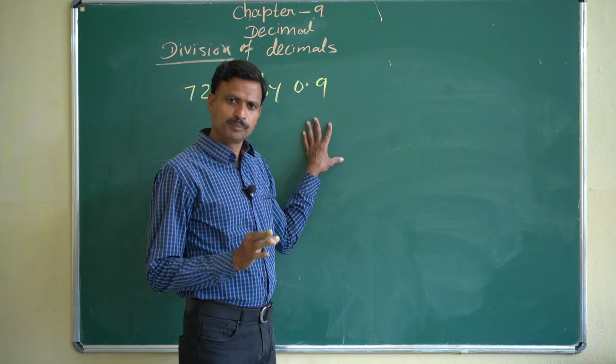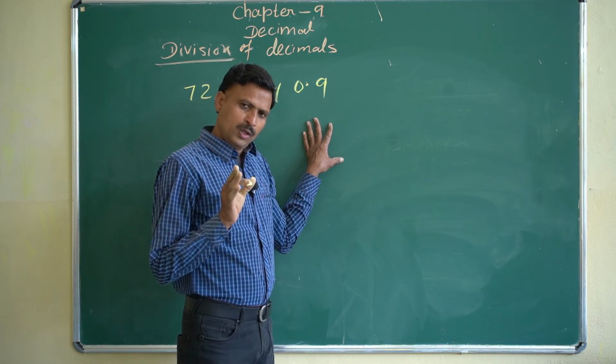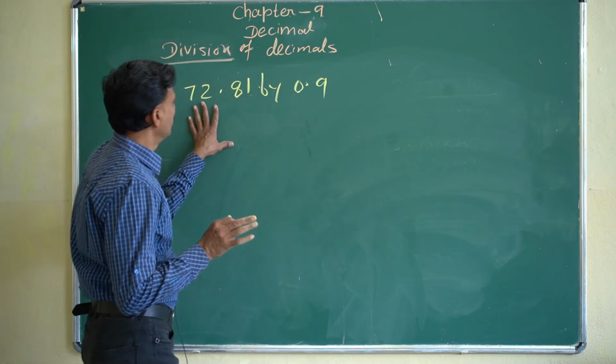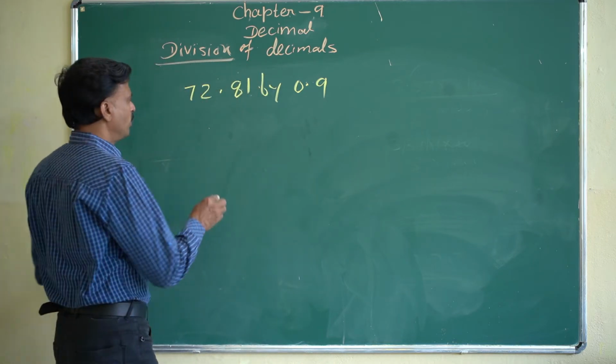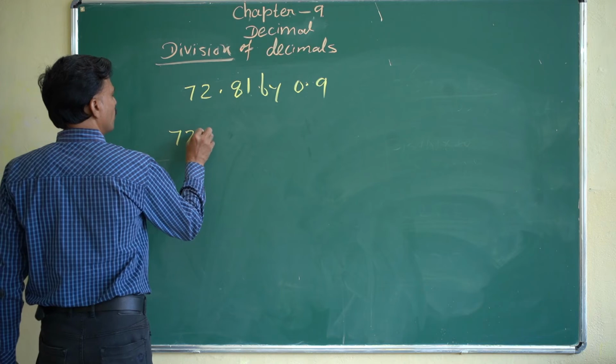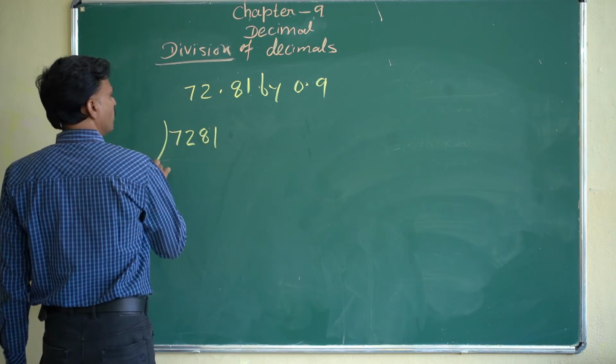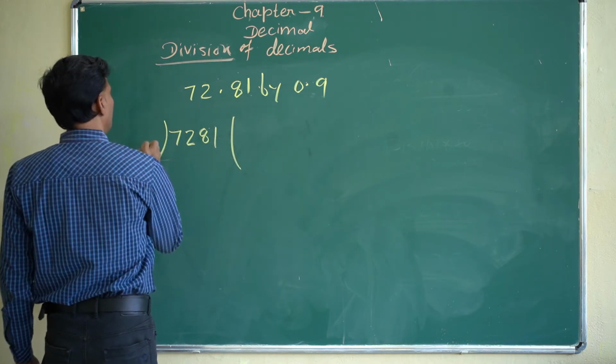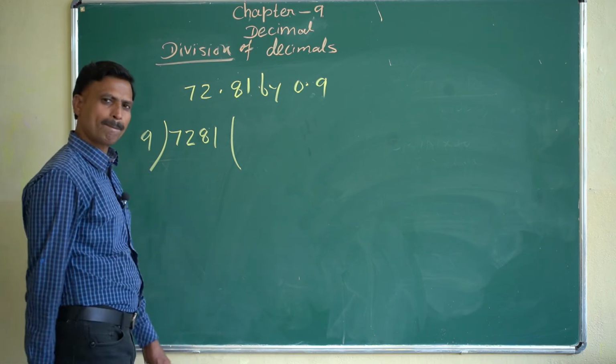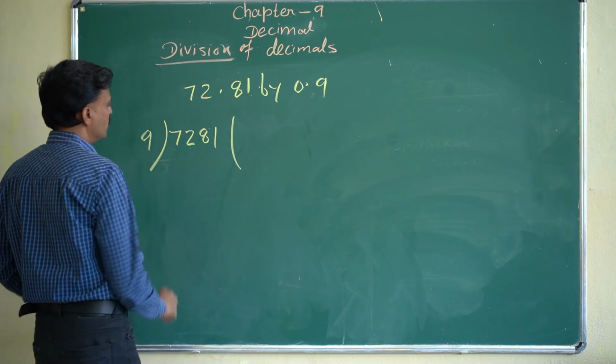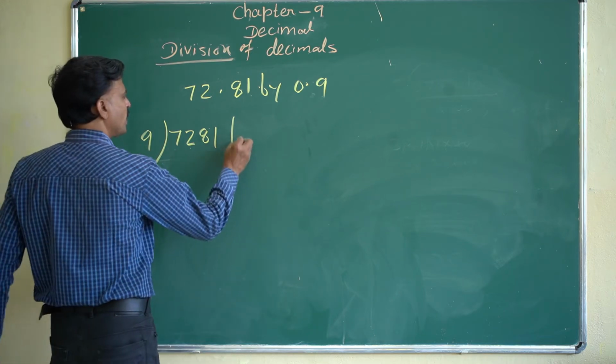First, what you'll do, you divide without taking the decimal number, that is 7281. You divide it by, without taking the decimal number, that is 9. How many times will it be divisible? 72 divided by 9, 8 times.